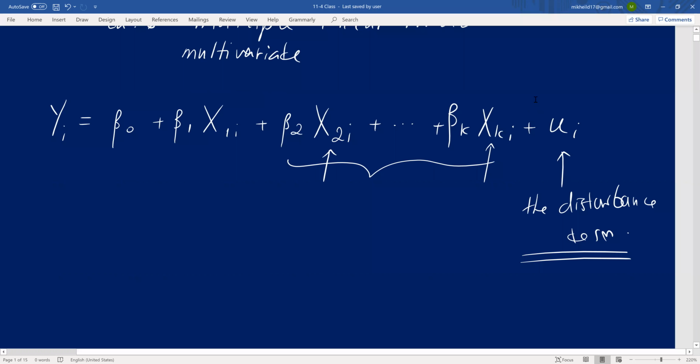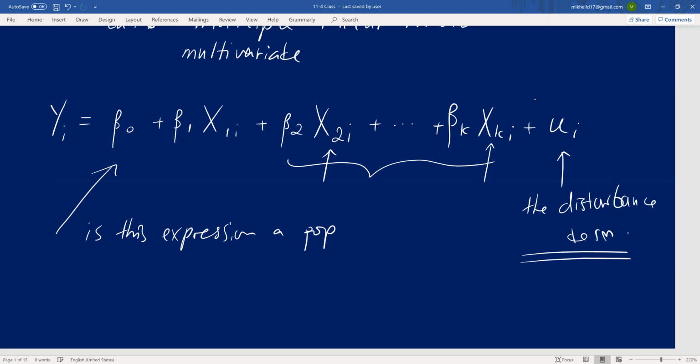First let me ask you a question. Is this expression a population line? To be more precise, the true population line. Yes, because it's not approximate.